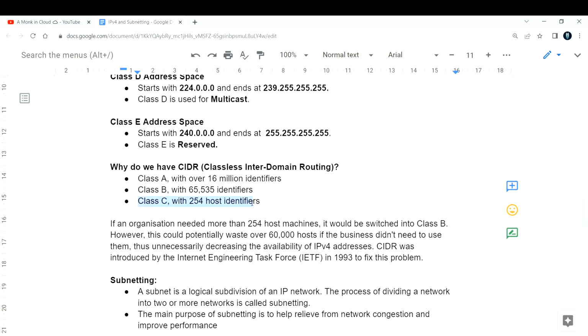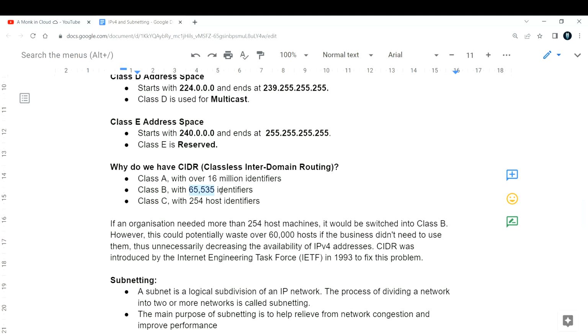In class C we only get 254, so we should go with class B, where we have 65,535. This could potentially waste over 65,000 IP addresses if my business didn't need to use them, so I don't want to use the other IP addresses.